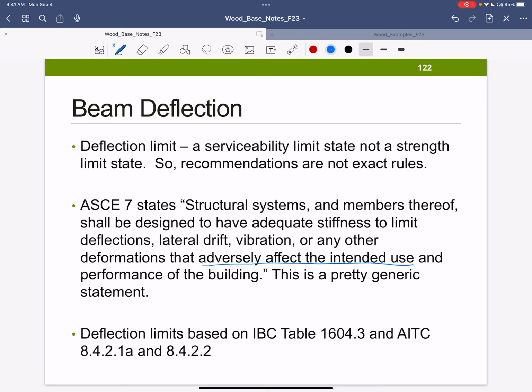It's a little generic, so what we typically do is look at deflection limits based on deflection tables. Like in ACI, you go to that part of the code for concrete and look at the deflection limit tables. In that case, they have limits based on type of use, which is similar to what we're going to see here.